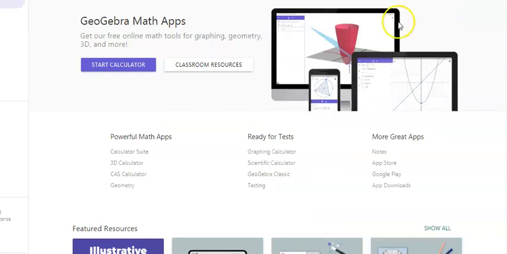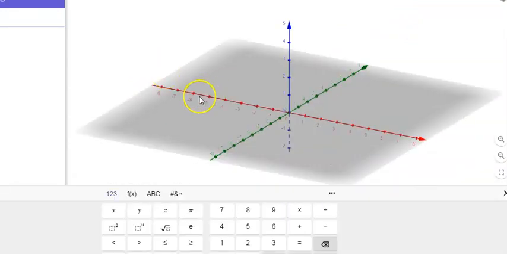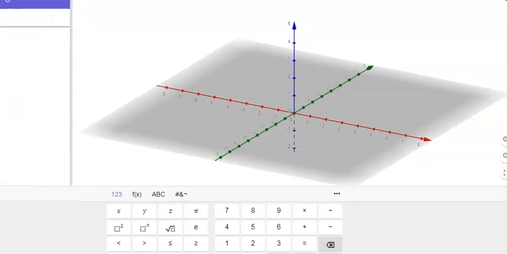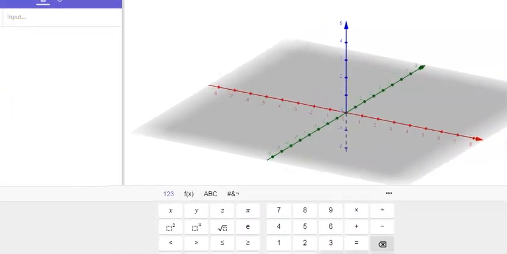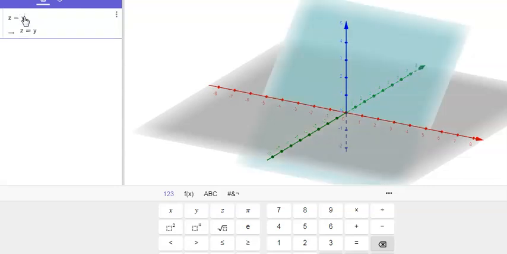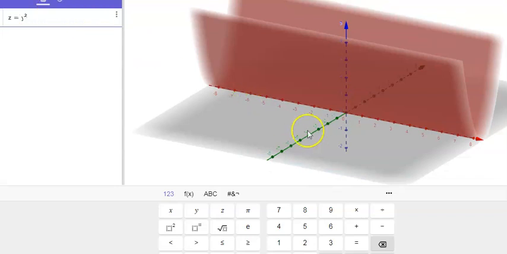If you just Google it and hit the 3D graph, on the left hand side right there, I'm going to input the equation. Right there. I'm going to put the equation that I need, and you could see the graph. For example, z equal y squared. There it is. But you notice this is the z.